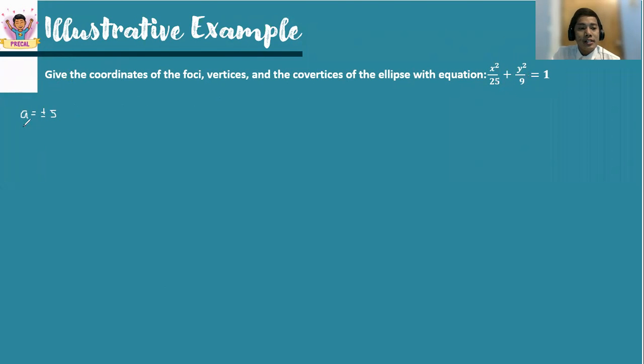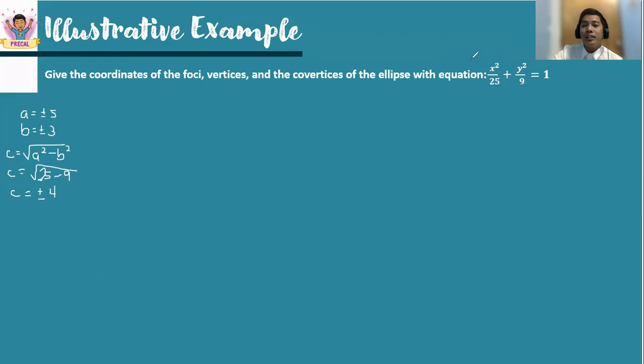For the b distance, obviously b should be 9 because a is always greater than b. So it's positive, negative 3. So do not forget that to get c, we use this formula, the square root of a squared minus b squared. So c now is 25 minus 9. So c is positive, negative 4.